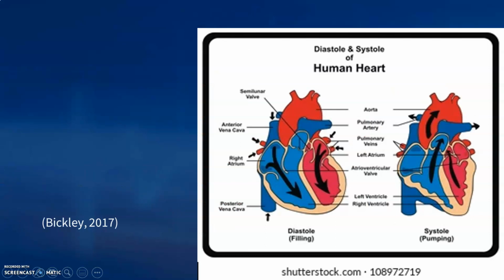Now, as the ventricle pressure increases, the pressure in the left ventricle is higher than what's in the aorta. So what happens? It opens the aortic valve and the blood is forced from the left ventricle through the aortic valve into the aorta.